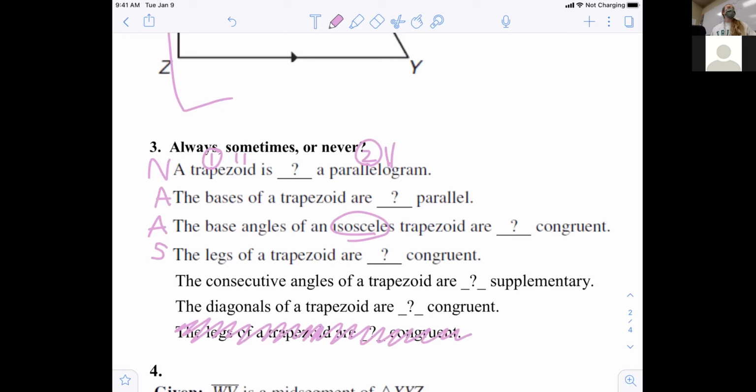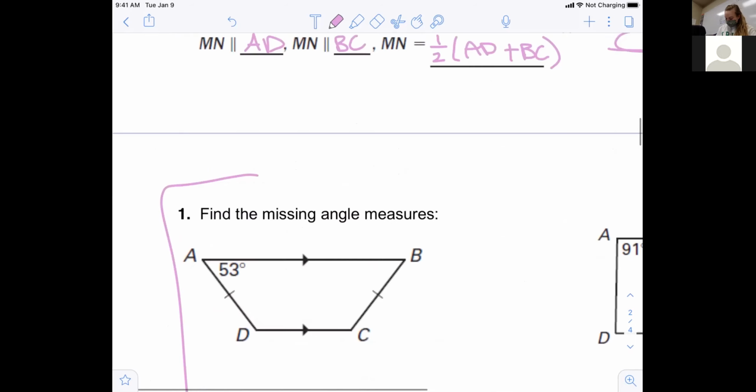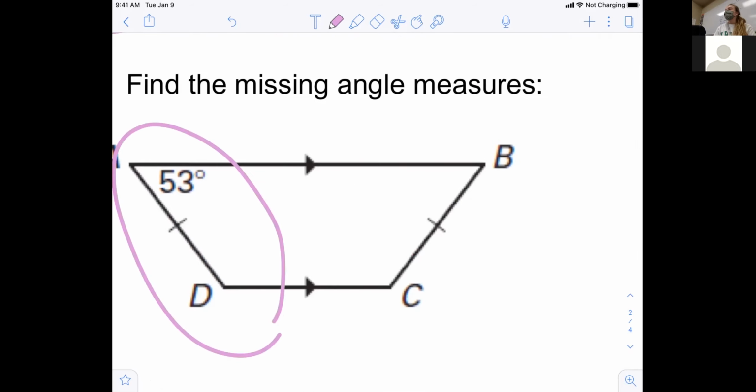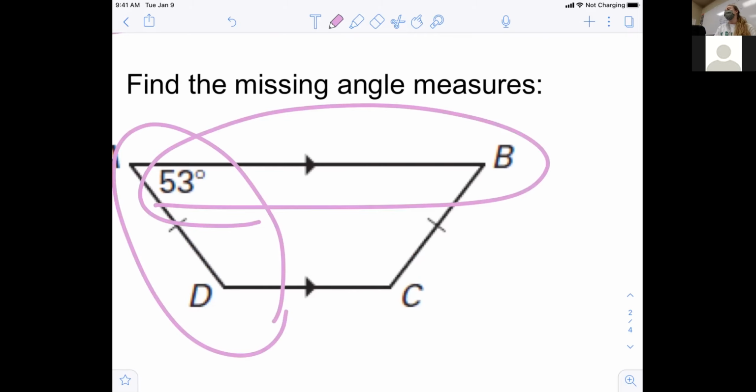Consecutive angles of a trapezoid are blank supplementary. Drew? Always. Ooh, this one's tough. I'm going to say sometimes on this one. Let me show you why. If I look here, I would argue these are supplementary, yes, but I would not say that these are supplementary, because those are still consecutive.